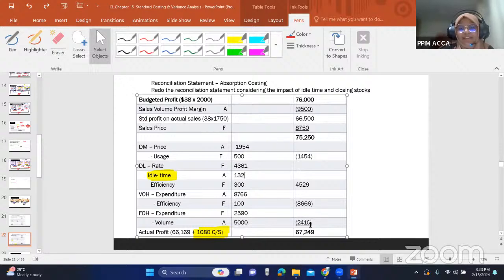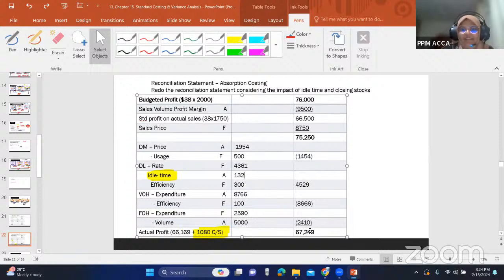But finally, when we get the actual profit, it won't match with the question. Because question says 66,169, no, because the question didn't take into account the closing stock. Okay. So if the question had closing stock, then the actual profit will be 66,169 plus the closing stock valuation. Okay. So don't get me wrong, right? In my question, my original question doesn't have closing stock.